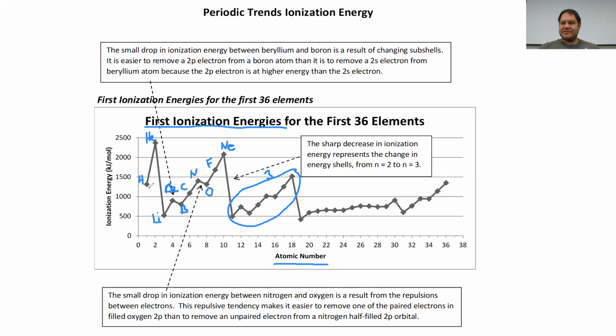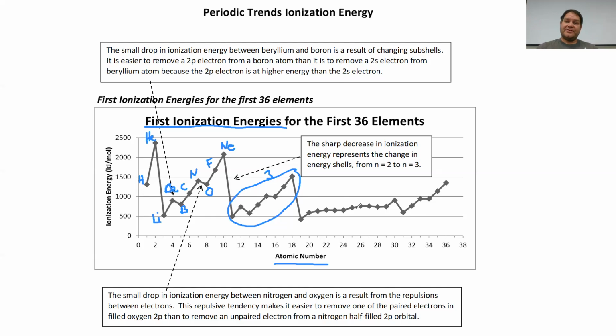As a result, there's an increase in the effective nuclear charge, creating a stronger attractive force. And we see that all the way through the periodic table: the first period, second period, fourth, and so forth.